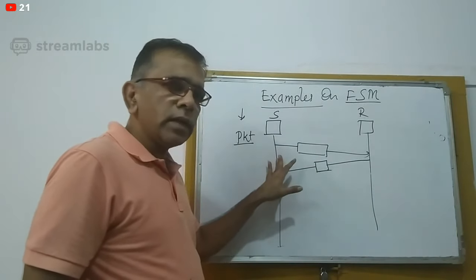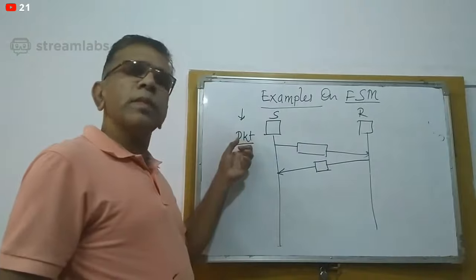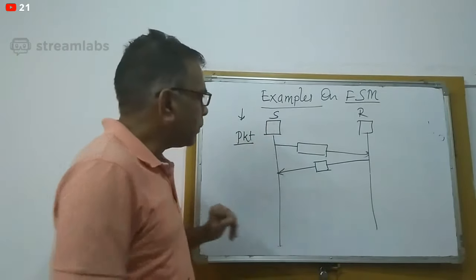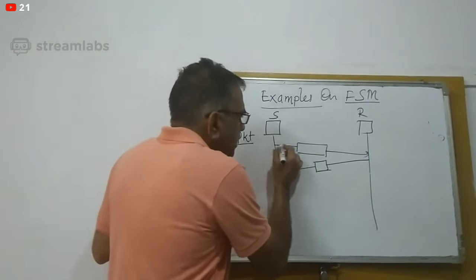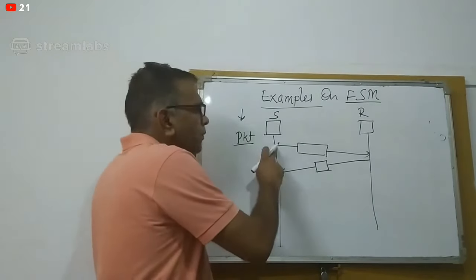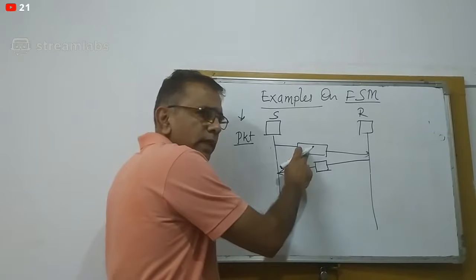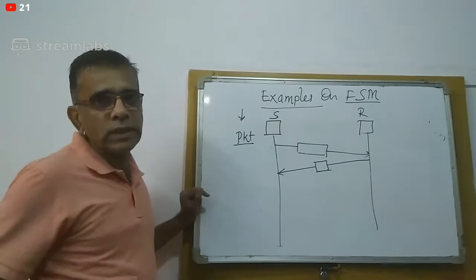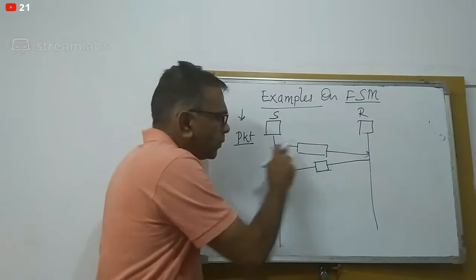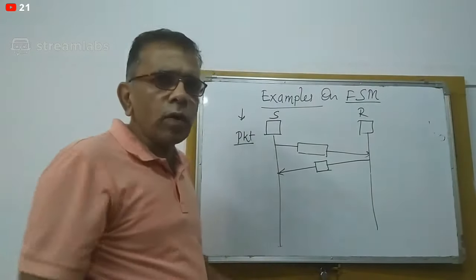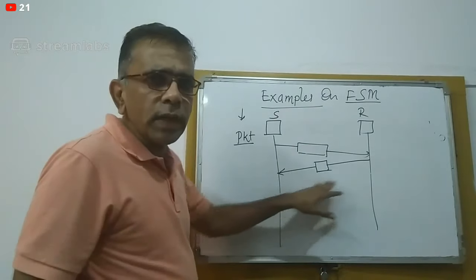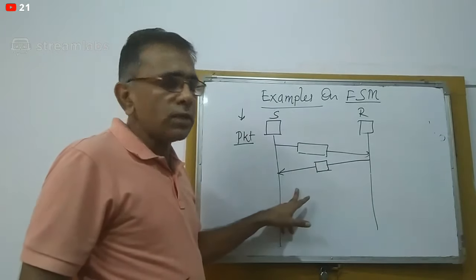During this period, even though data comes from the higher layer, the sender is not responding to that. So after sending the frame, what exactly will be the state of the sender? The sender is in blocking state. The moment it sends a frame, it enters the blocking state and waits for an acknowledgement that appears from the receiving side.